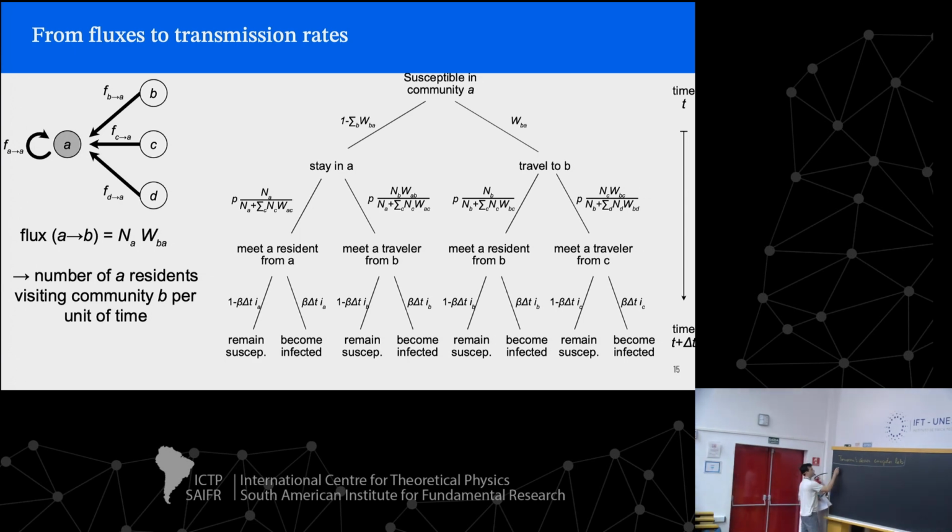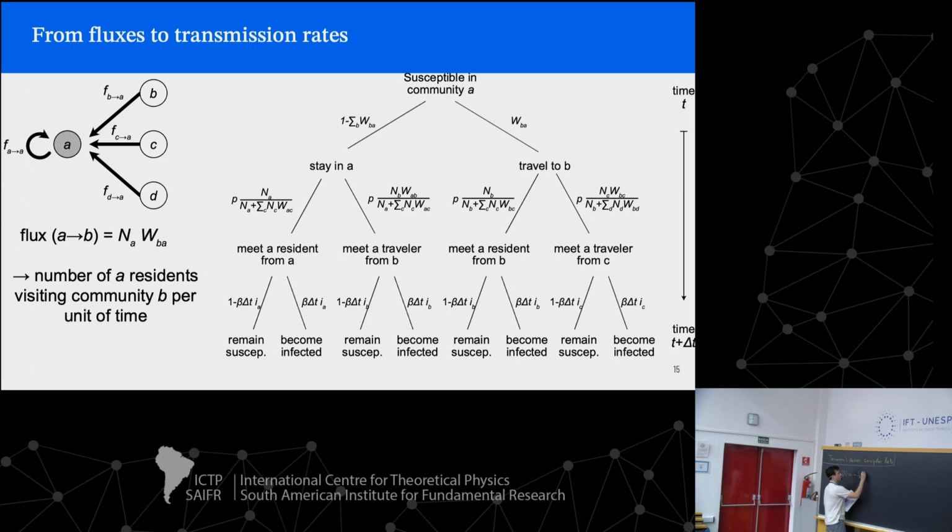Again, I'm going to look at the variation of the number of susceptible individuals between T plus delta T and T in community A. So what is this variation? Well, on the one hand, each of those susceptible individuals could become infected because of infected people in their own city, right?